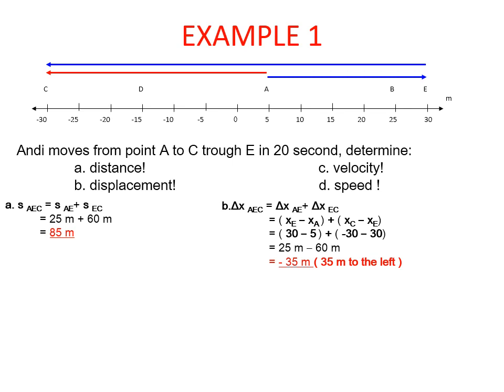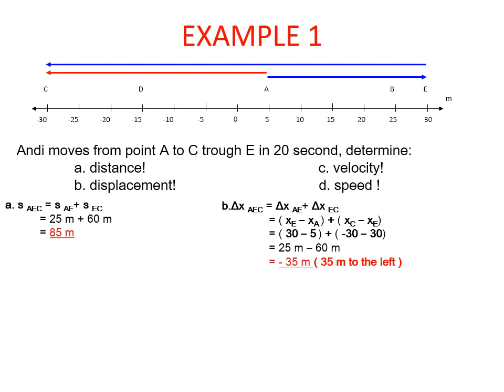Delta x AE equals XE minus XA, and delta x EC equals XC minus XE. So delta x AEC equals 30 minus 5 plus 30 minus 60. So 25 minus 60 meters.